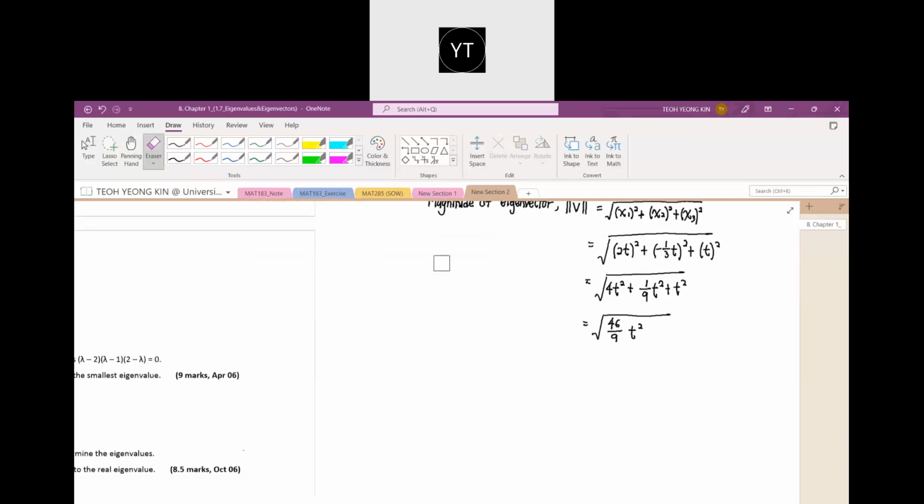So we try to simplify this part. Kita cuba ringkaskan. So we should have square root 46 over square root of 9. And then here we should have square root of t squared.